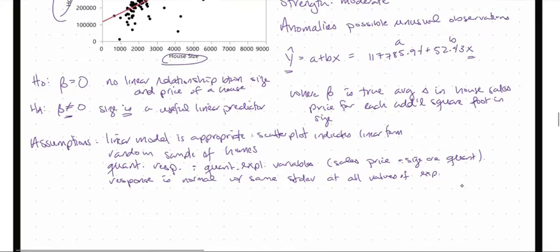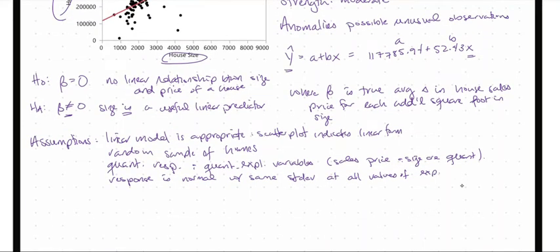So now what we want to do is go into our mechanics. We need a test statistic. Our t-test statistic, we would find this by taking our sample slope, subtracting off the hypothesized value, and dividing by the standard error of our sample statistic, which in this case is the standard error of b.